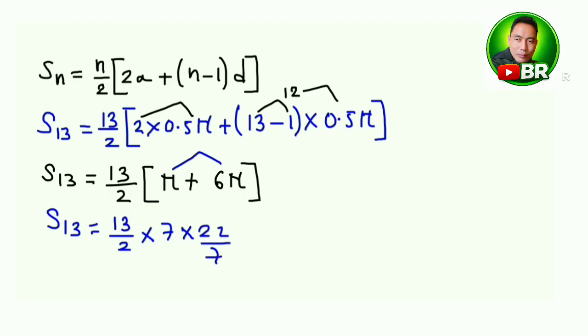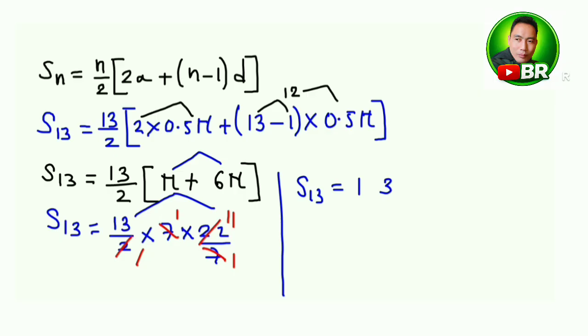Now this 7 and this 7 can be cancelled out, and 2 ones are 2, 2 11s are 22. Now after multiplying 13 and 11, here we obtain S13 will be 11 3s are 33, 11 ones are 11, and 3 14, 143, unit centimeter.